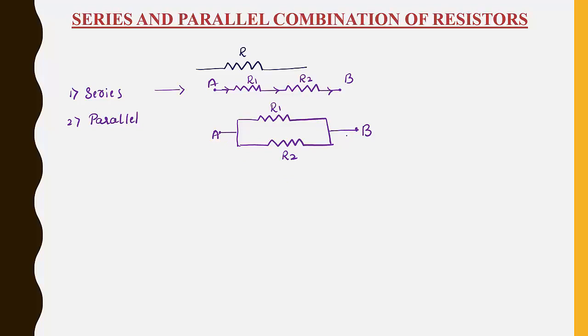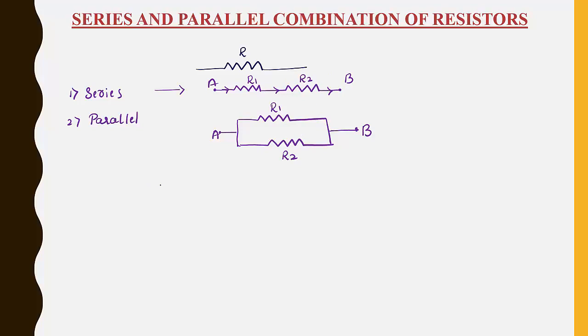You have two paths to reach the point B. Either you can go through R1 or R2. So this is parallel combination. But in series combination, the charge should pass through both R1 and R2 to reach the point B. So this is what series and parallel combination are.